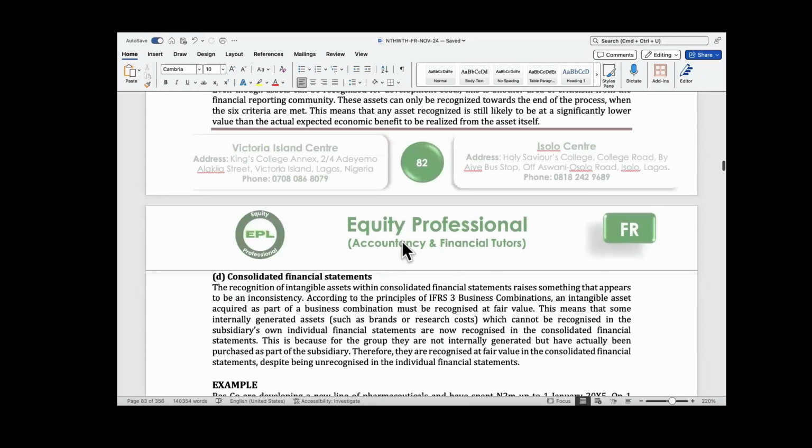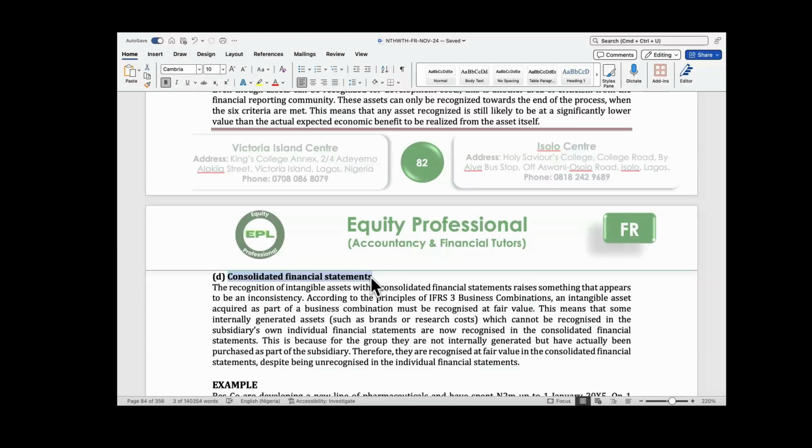The final one around measurement of intangible assets is in the consolidated financial statement. I've already mentioned this while I was explaining internally generated assets. You'll find that there is a little inconsistency brought in by IFRS 3 or IFRS 10 when you are doing consolidated accounts.